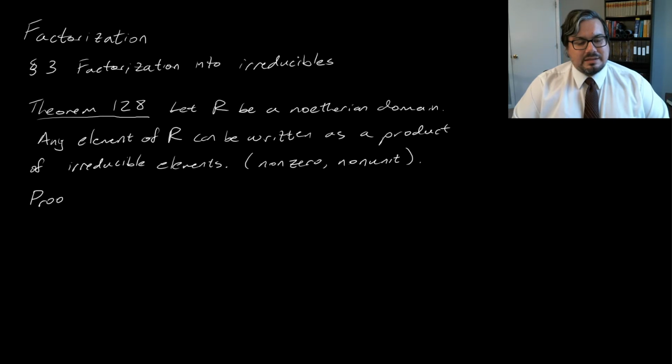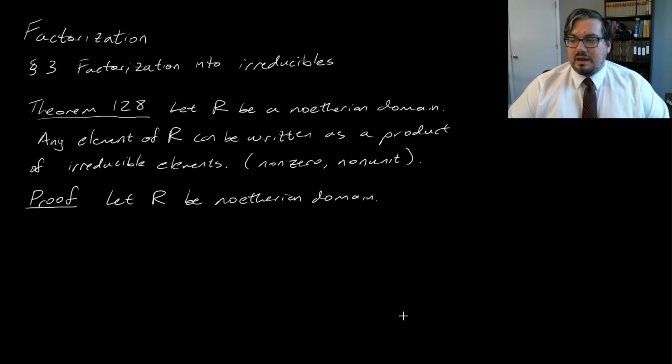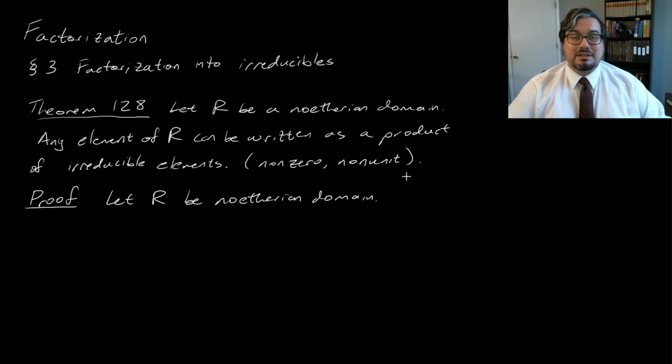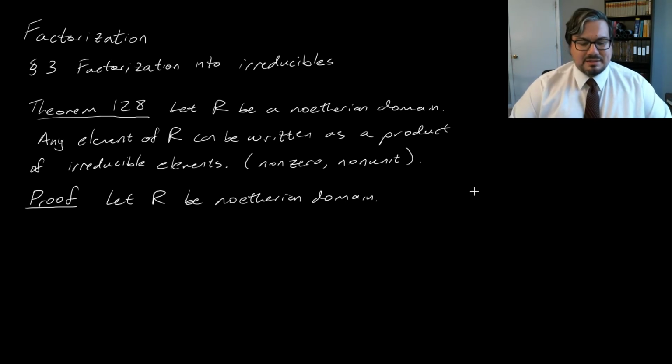And let's see how the proof goes. So let's let R be a Noetherian domain. First, we will show that every element of R can be written as a product of some irreducible element and some other ring element. And the way that this is going to go is the following.